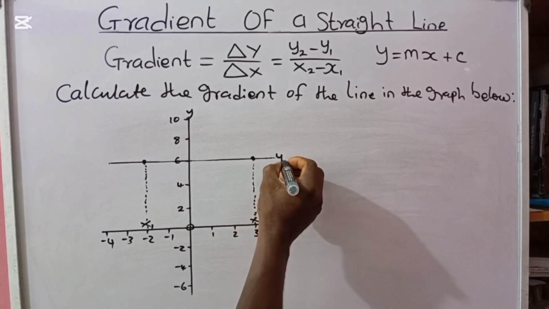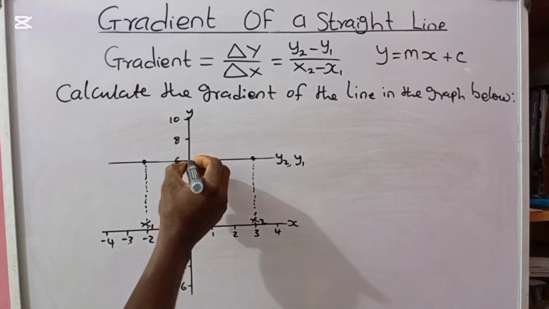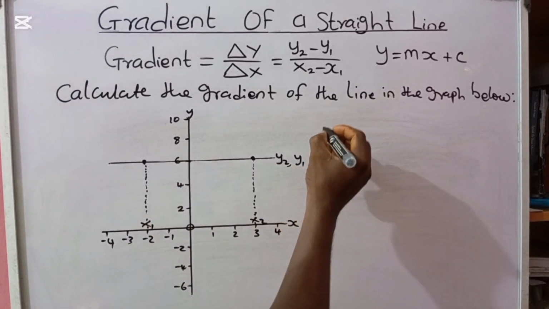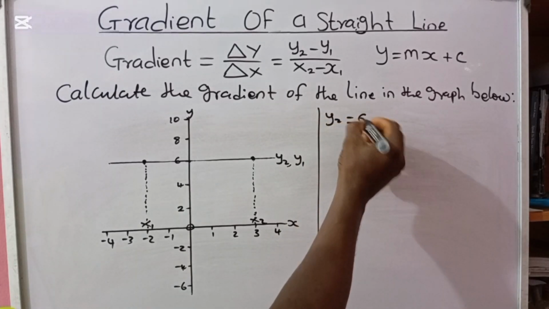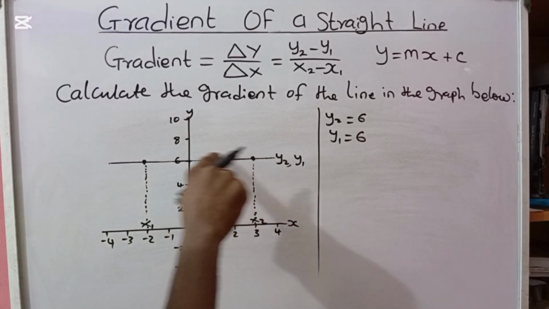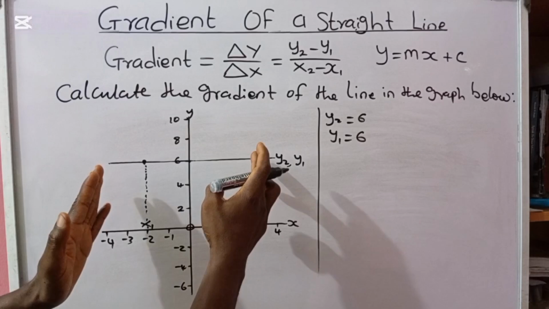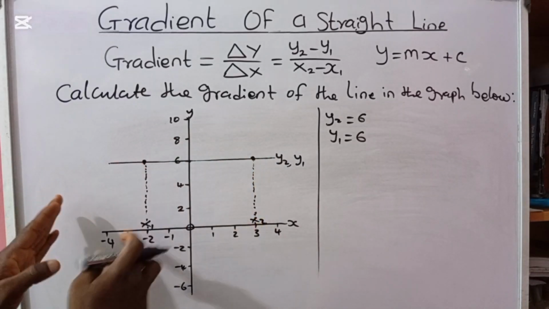So y2 and y1 align within this particular point here. So that is to say our y2 is 6 and our y1 is equally 6, because it's aligned within this point 6. So the values of x will now be within this extension, that is the x2, x1.